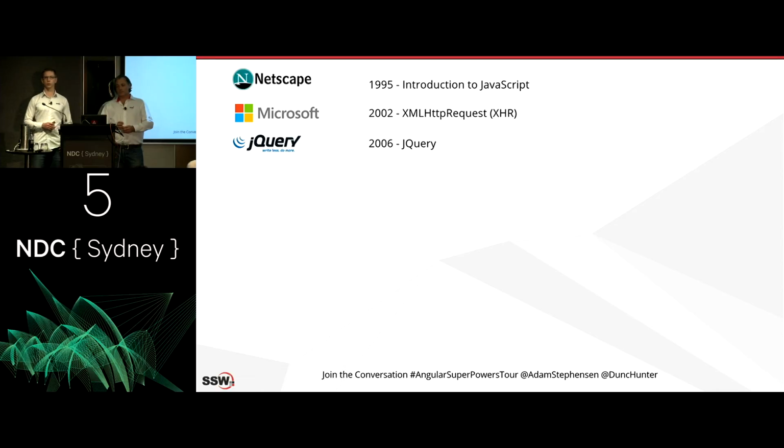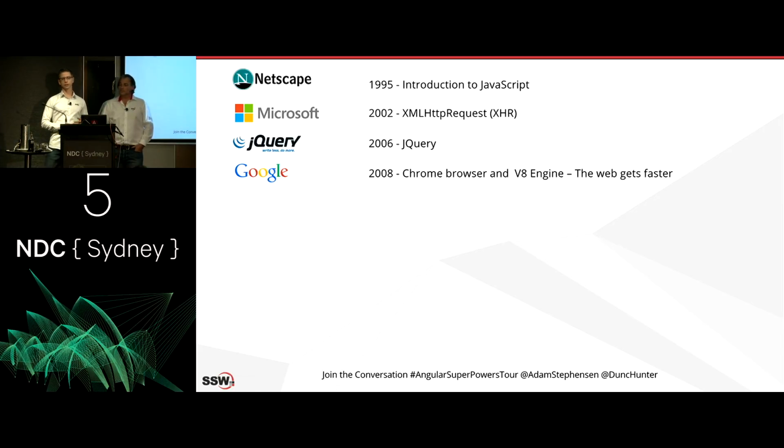It was like the first time we saw Microsoft and Google and Apple all agree to use the same framework. And it was about the same time we saw people start lighting a dumpster fire in our front ends and writing heaps of spaghetti code as well, which was an interesting time. 2008, we got the Chrome browser and the V8 engine. Things started getting faster, and people were getting more ambitious with what you could do in the front end. We got Node in 2009.